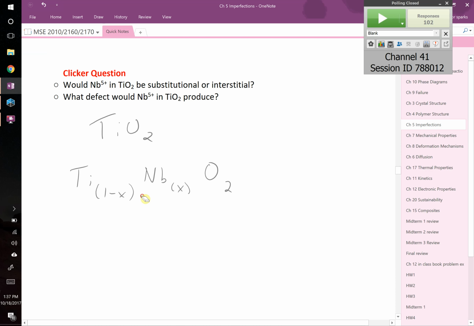It wouldn't be 1 minus X, it's going to be, for every 4 of these niobiums that we substitute, like let's just write 4X there, then this would be 1 minus 5X, right? For every 4 niobium substitutions, you lose those 4 spots plus 1 more, which has to become a vacancy on your titanium site. Okay? Any questions on this?